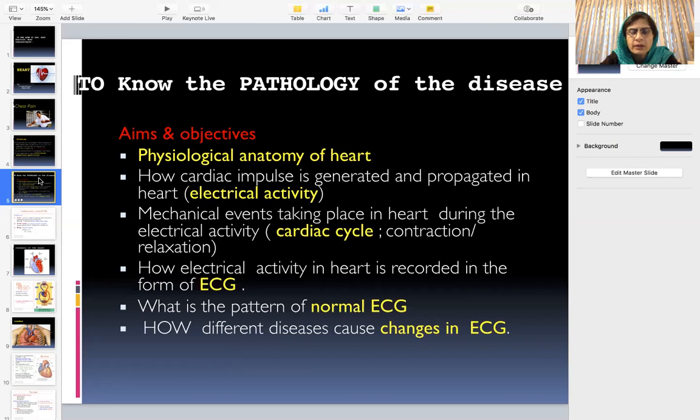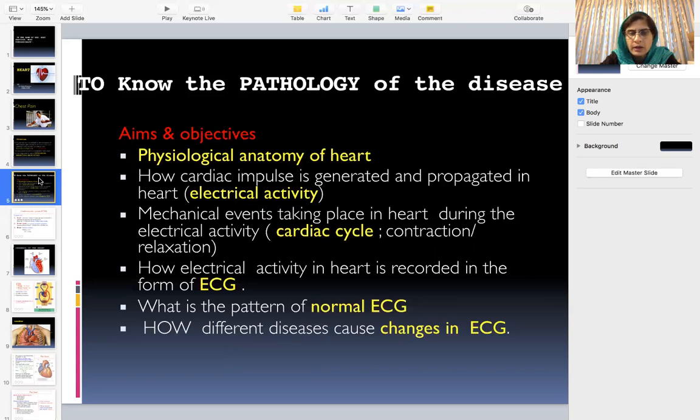The next learning objective is how the cardiac impulse is generated and propagated in the heart, the electrical activity, because the heart has the property of automaticity, that it automatically generates its own impulse. It is not mechanical activity first; an electrical current is generated from one part, which is called the pacemaker of the heart, and that electrical activity is propagated throughout the cardiac muscle.